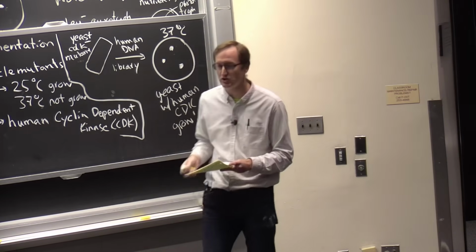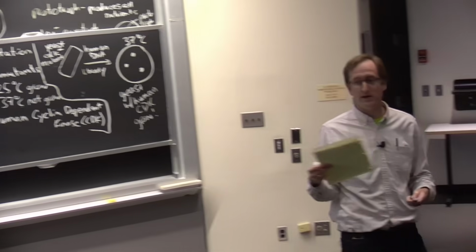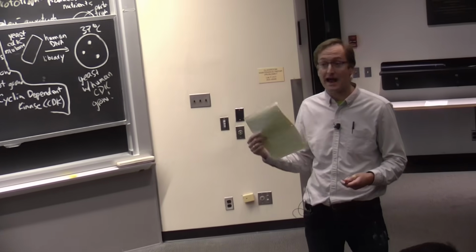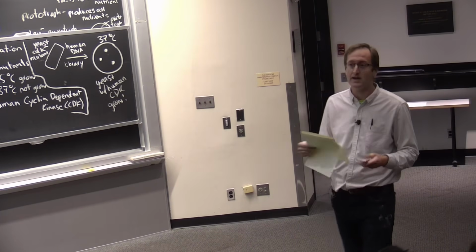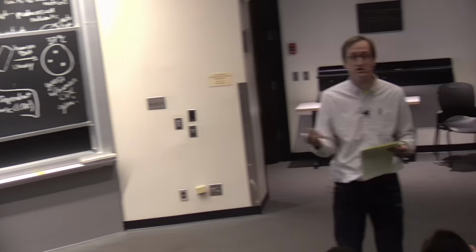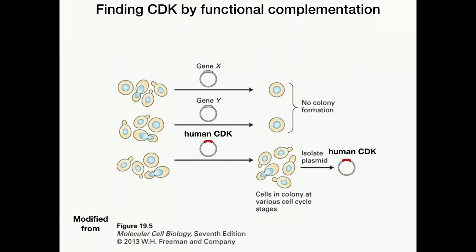And this is a functional complementation experiment because you're rescuing the growth of this yeast, now not with a yeast gene, but with a human gene, okay? And this human CDK gene is so conserved across eukaryotes that it's able to still function in a yeast cell, which is pretty amazing.